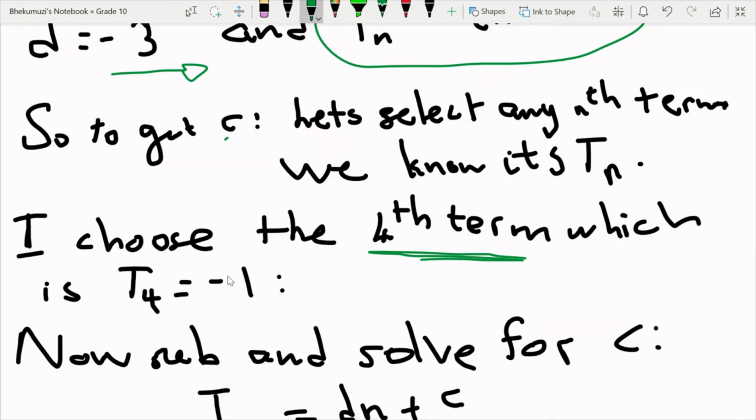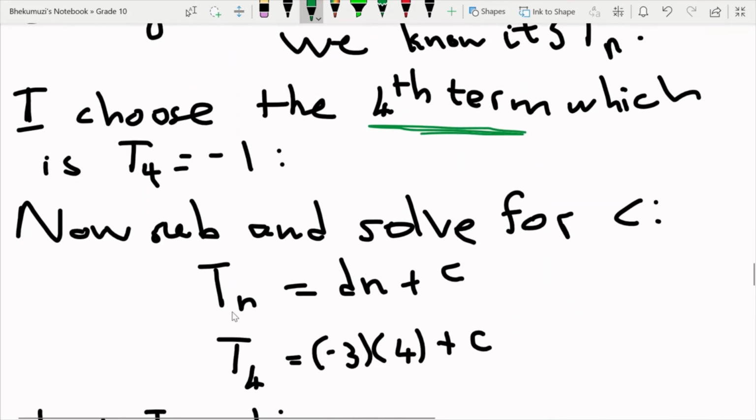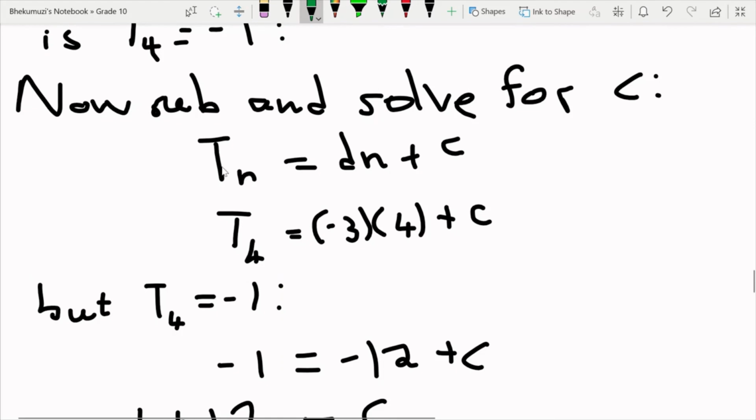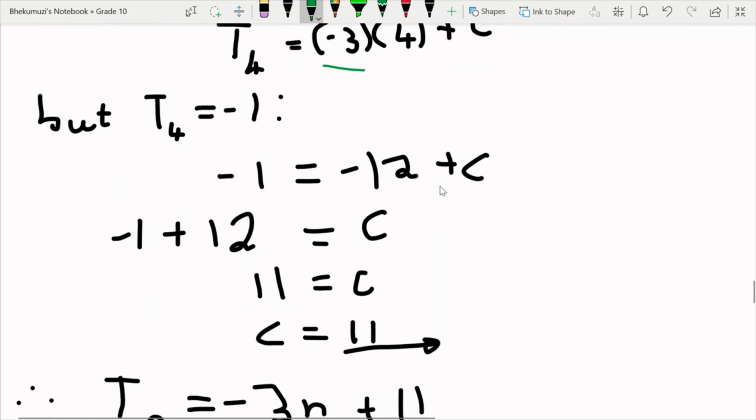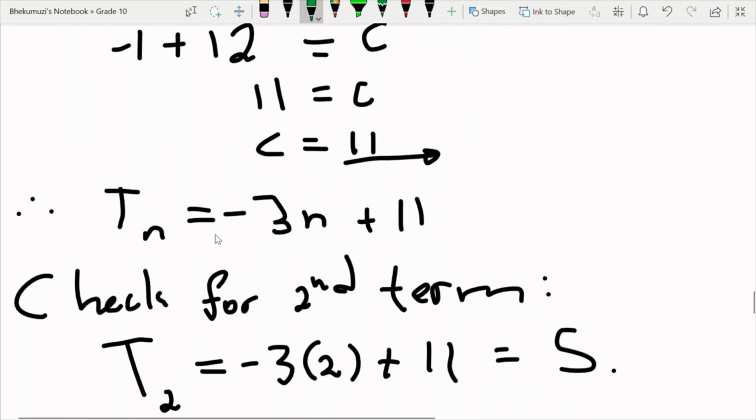Therefore, when I substitute into the formula that we verified we have to use, we have -3 as your d, which is your first difference, and your n is 4, and then you have your T4, and that is -1, and then you substitute and you actually solve for c as you normally solve for x, right? And therefore you have your Tn, which is -3n + 11.